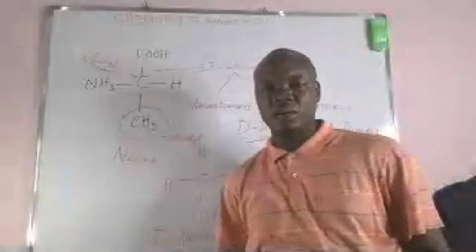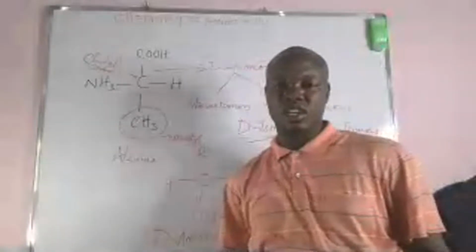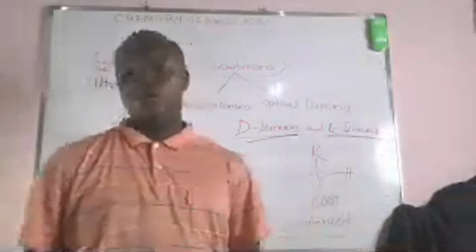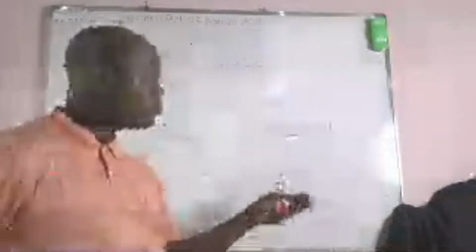Sorry, please, sir, I'm not following the class. The network is really bad. But now, what I'm saying, please, can you hear me? Can you see the board and can you hear me? If you can see the board and you can hear me, then we can recap.